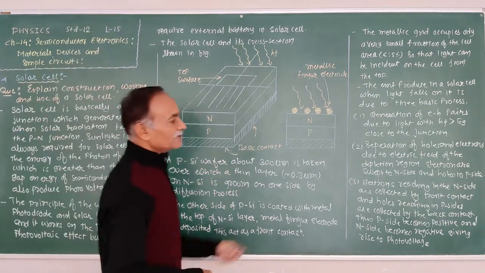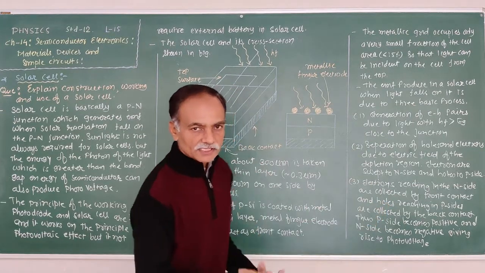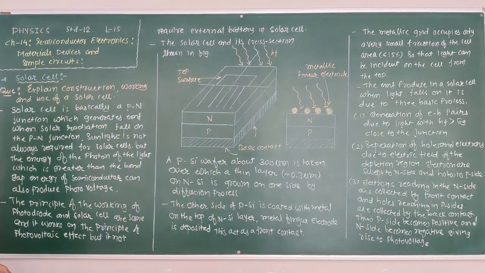Right? How the EMF is produced, we discussed just before. First we revise it. The solar cell is basically a PN junction which generates the EMF when the solar radiation falls on the PN junction.